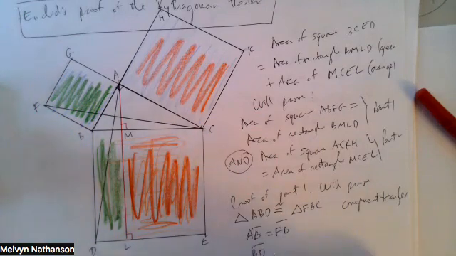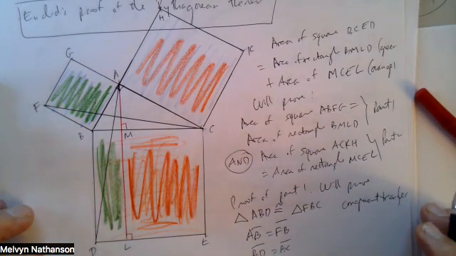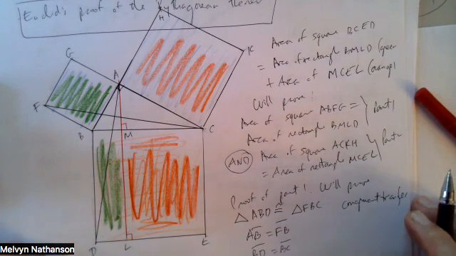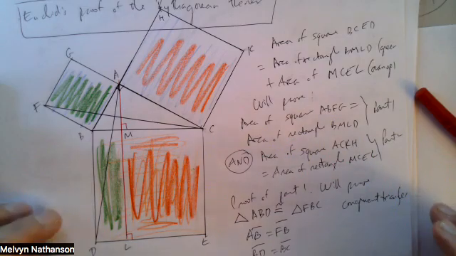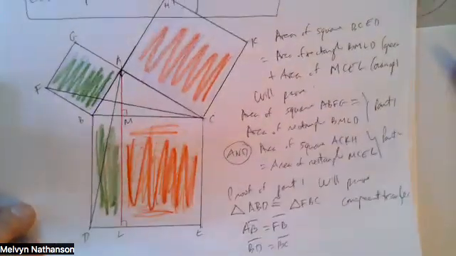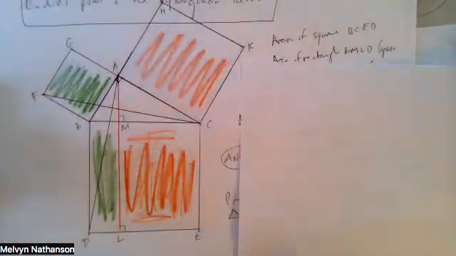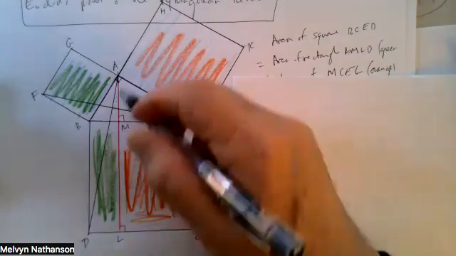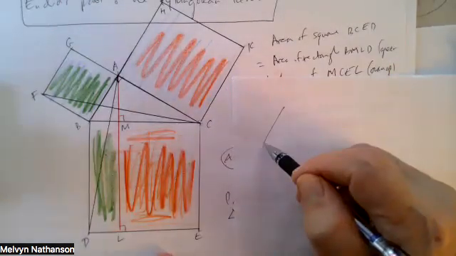BD and BC have the same lengths. Let me draw just another picture of these. I'm going to just separate them.